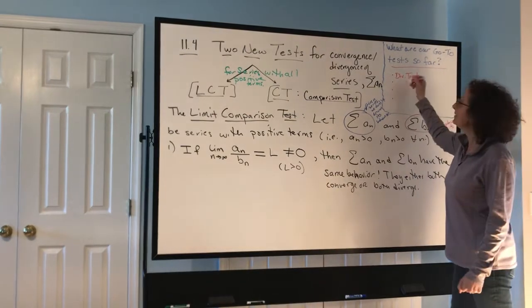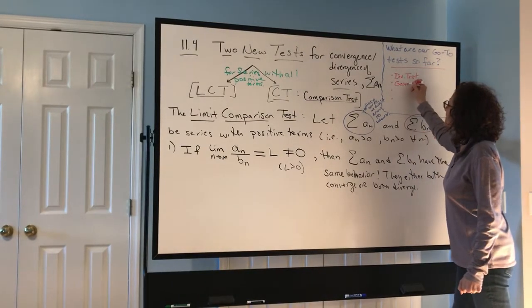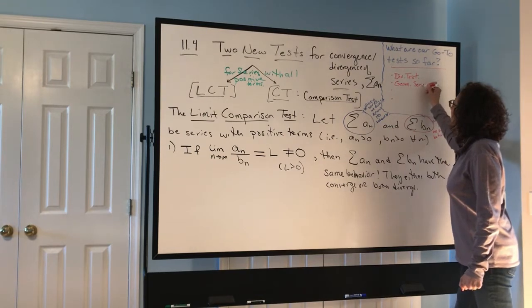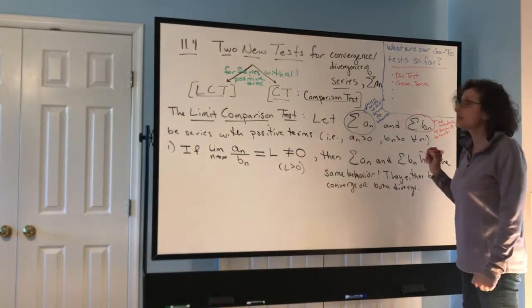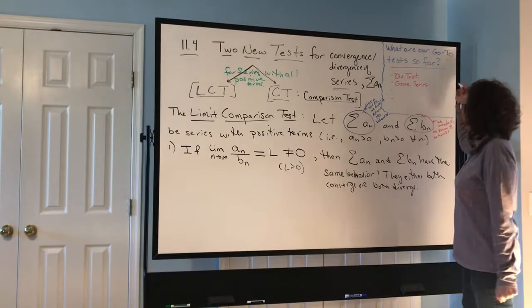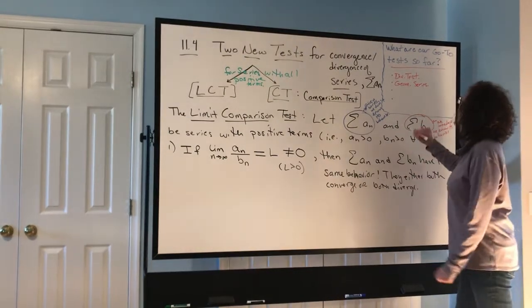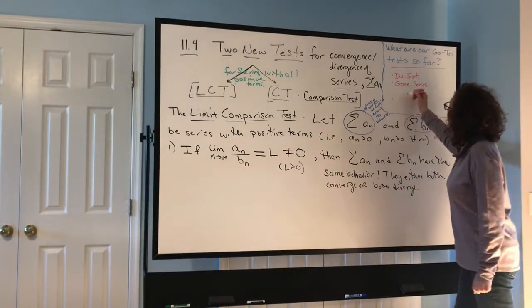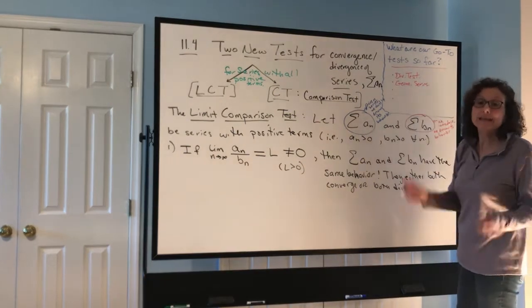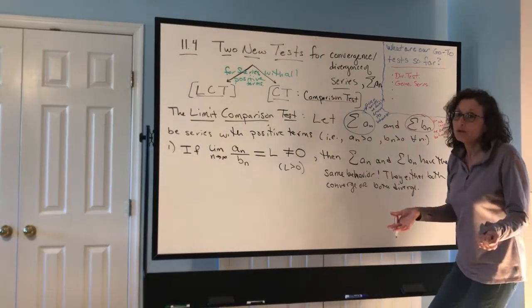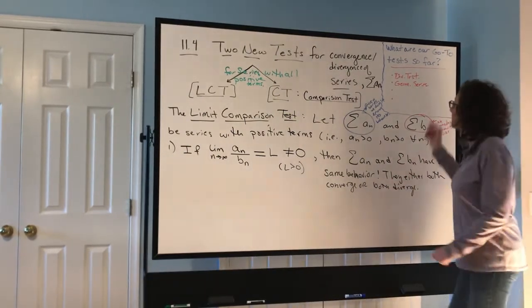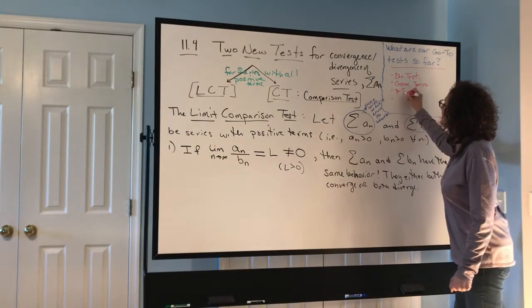Then what was the next one? Good, geometric series. We have a nice test for geometric series. Make sure you know what a geometric series is and what the test is for it, and all the other fun things we did. What is the next type of easy series to look for? P-series.